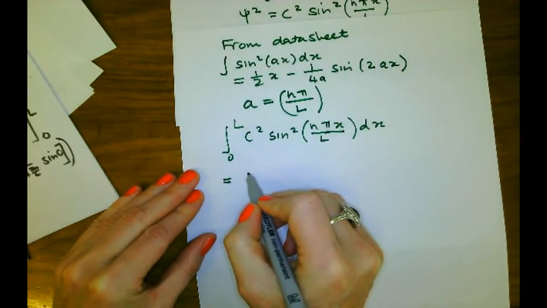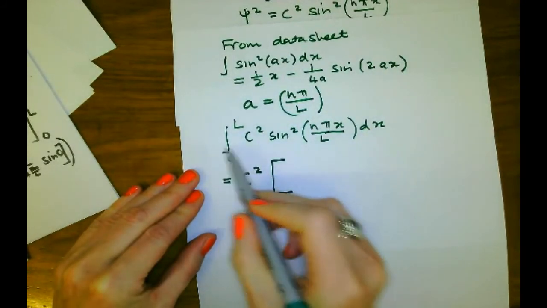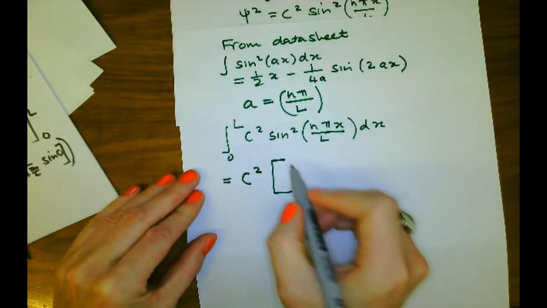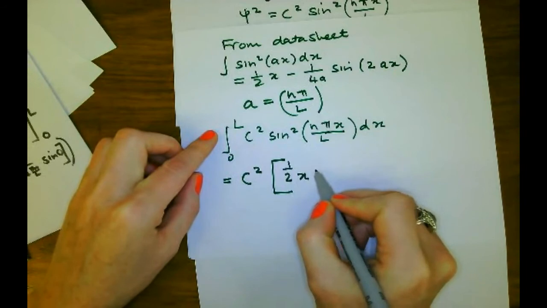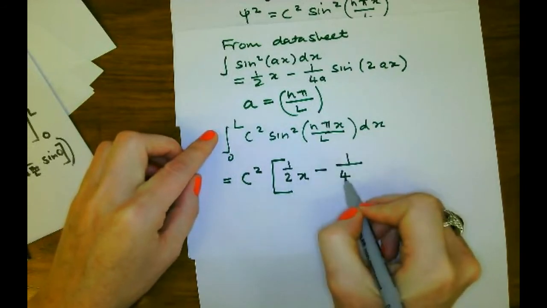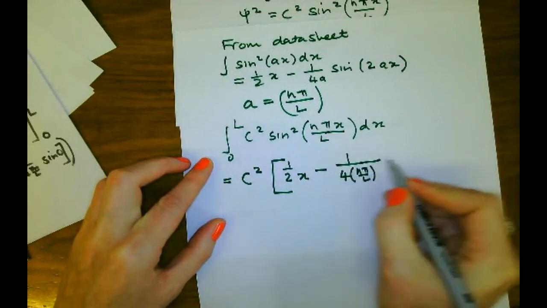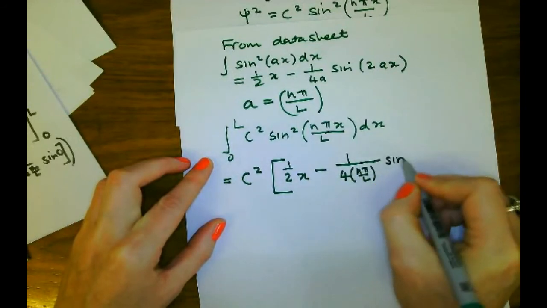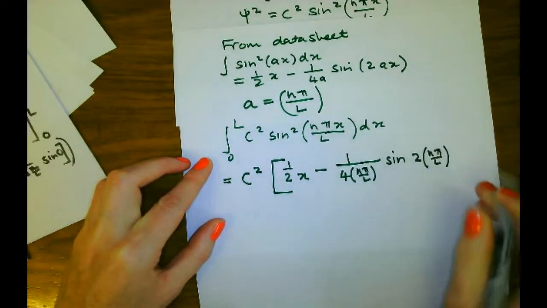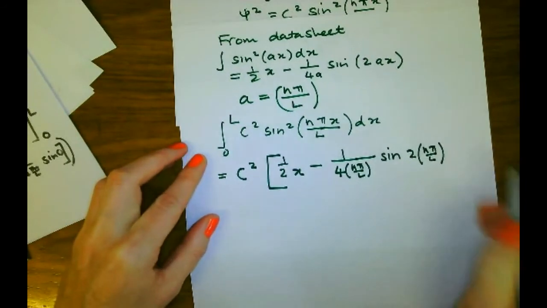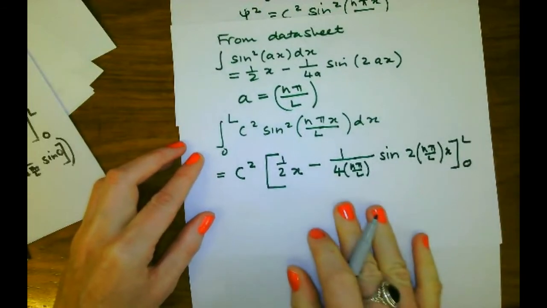The c squared you can just take outside the integral, and that becomes half x minus 1 over 4, our a is n pi over L, sine 2 n pi over L, which is a, times x, and this runs between L and 0.